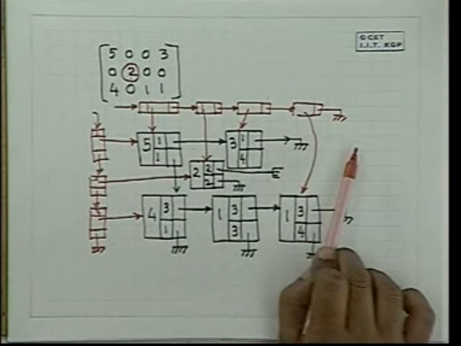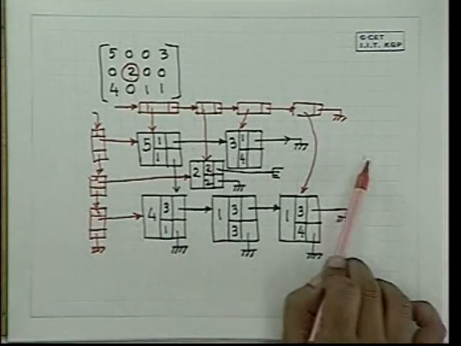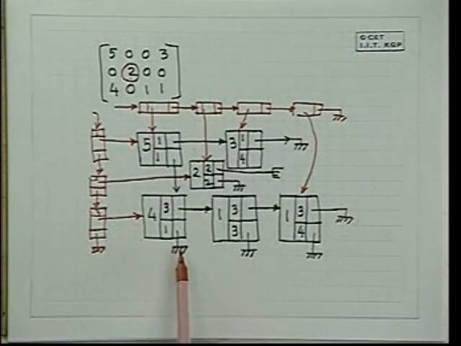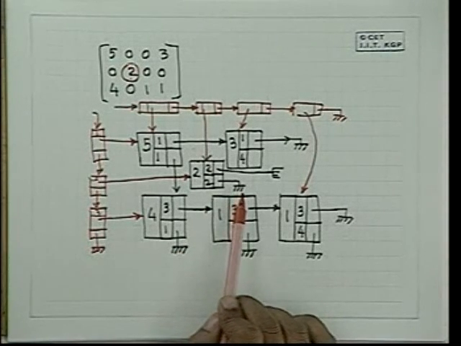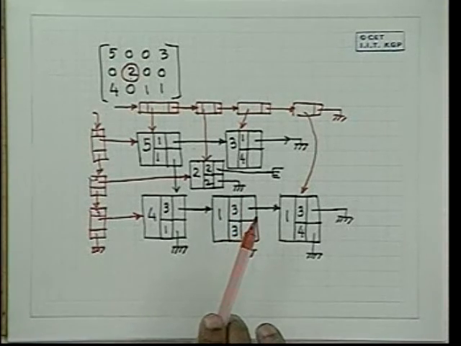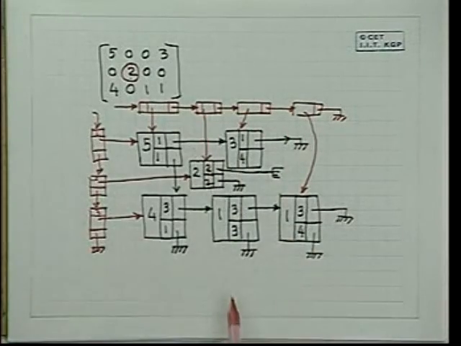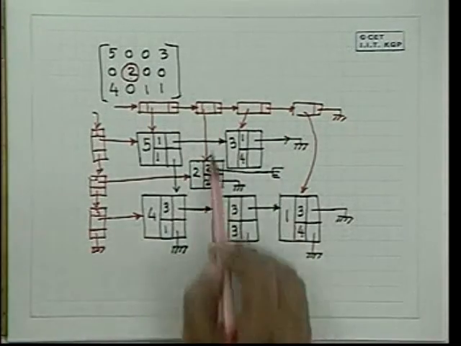You can access it just like you access a matrix. And if you want to do matrix multiplication, this row into this column, it becomes very easy. And if somebody wants to dynamically add a new element to a matrix, you can add. If you want to find out whether any row is empty or not, if there is no element in a row or a column, then this will be ground.